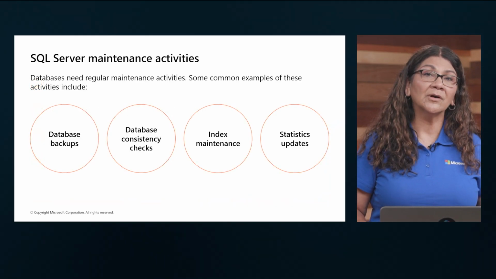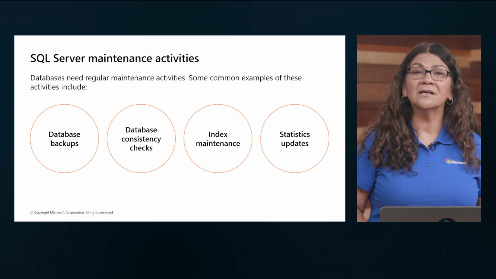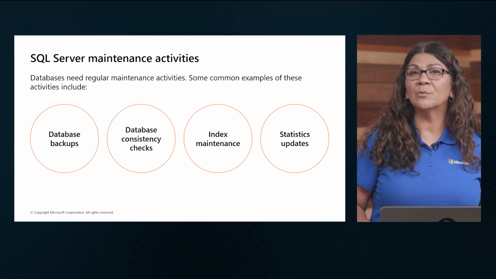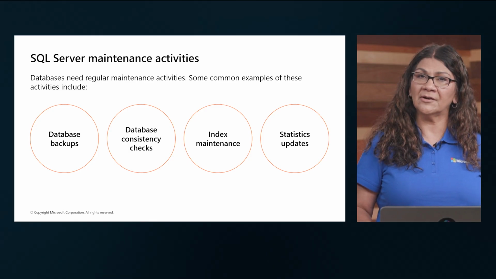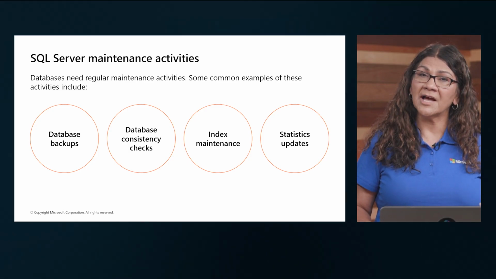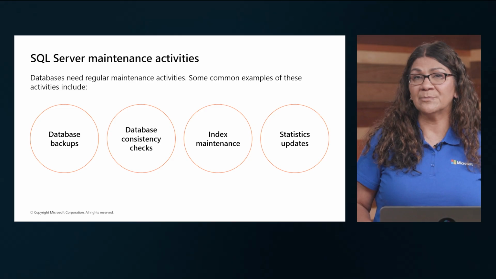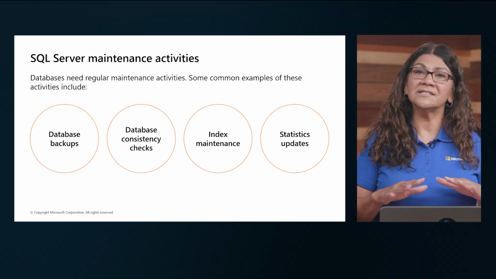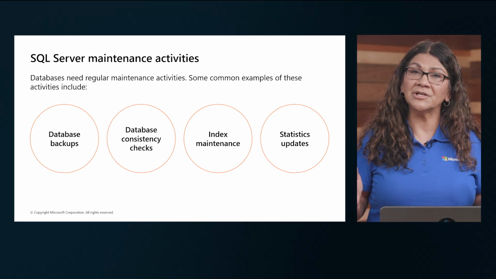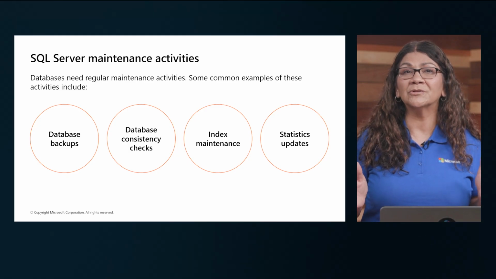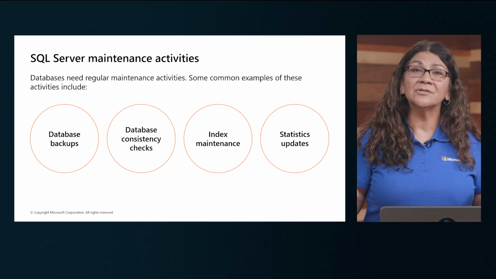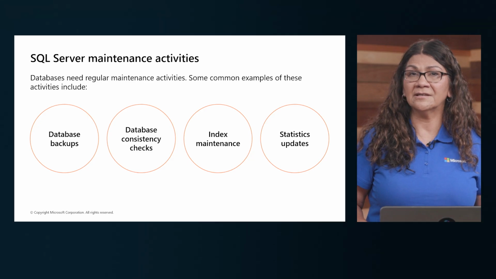Here are 4 essential tasks. Database backups, which protect against data loss and support recovery in disaster scenarios. Consistency checks, like DBCC CHECKDB, which scan the entire database for corruption and are typically scheduled during off-peak hours due to their I/O intensity.